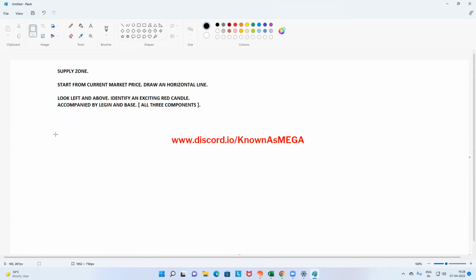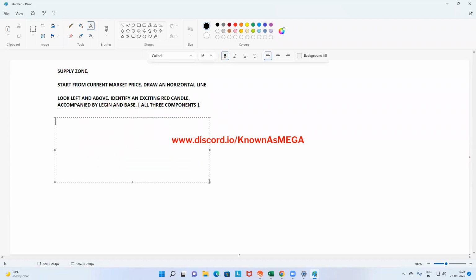Thank you, Shakti, good that you pointed this out. Jainam, leg out should be exciting or explosive in supply zone and demand zone. Leg out should always be exciting or explosive irrespective of the zones. Thank you, Shakti, for pointing it out.